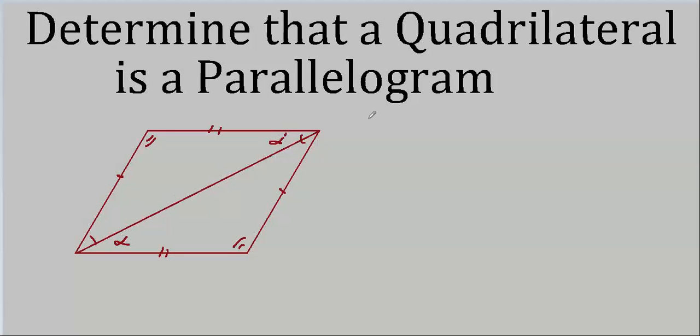Back when we studied parallel lines and transversals, we had a theorem which said if we have two parallel lines cut by a transversal, the alternate interior angles are congruent. But we also had a converse theorem for that, which said that if we have two lines, which may or may not be parallel, cut by a transversal, and the alternate interior angles are congruent, the two lines cut by the transversal must be parallel.